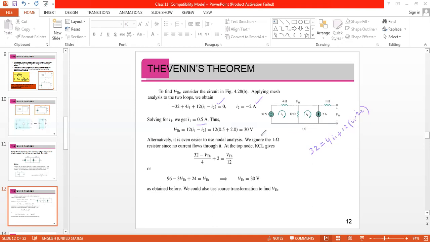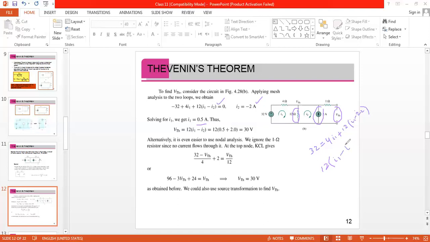Now the Thevenin voltage, the voltage here, here, and here will always be the same because you know that in parallel the voltage remains the same. So you want to find the Thevenin voltage, and you can find it here. The voltage through this branch, from mesh analysis, is 12 into (I1 minus I2).